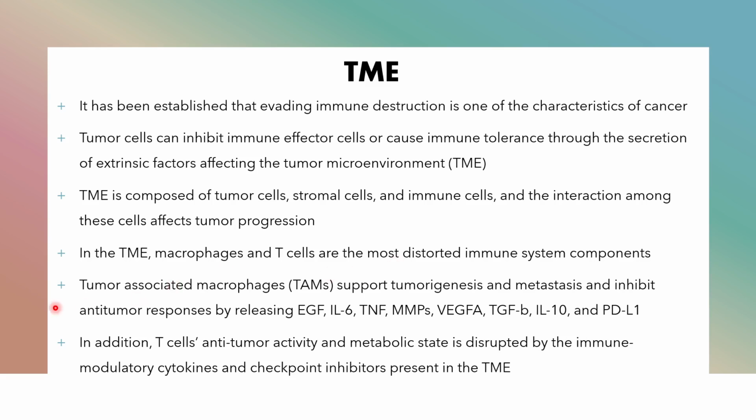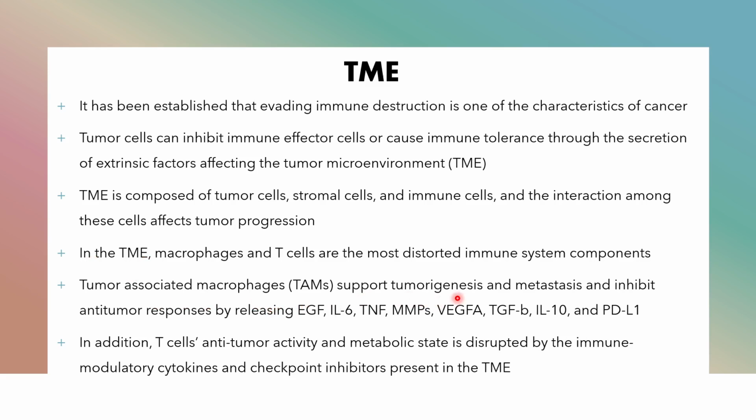Fine. So these tumor associated macrophages support tumorigenesis. Now you can get why we are talking about macrophages. Basically the work of macrophage is to engulf the tumor cells and to kill them. But in case of tumor associated macrophages, it supports tumorigenesis.